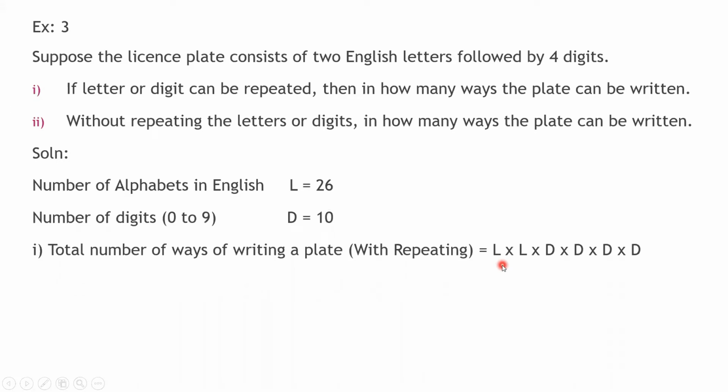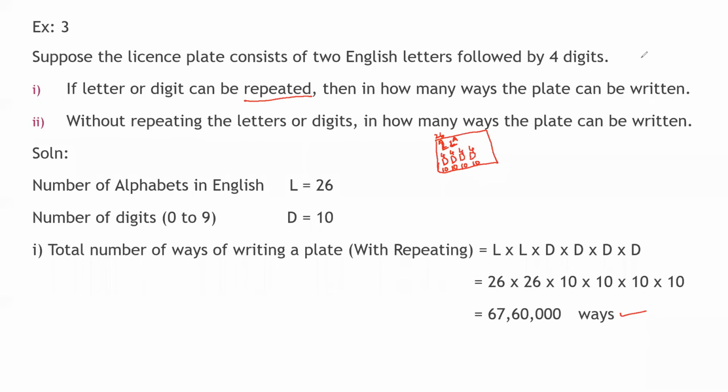So L, first letter, again L, second letter because repetition, then D, D, D, D. That is 26 into 26, 10, 10, 10, 10. So when you multiply, you are going to get 67,60,000 ways.